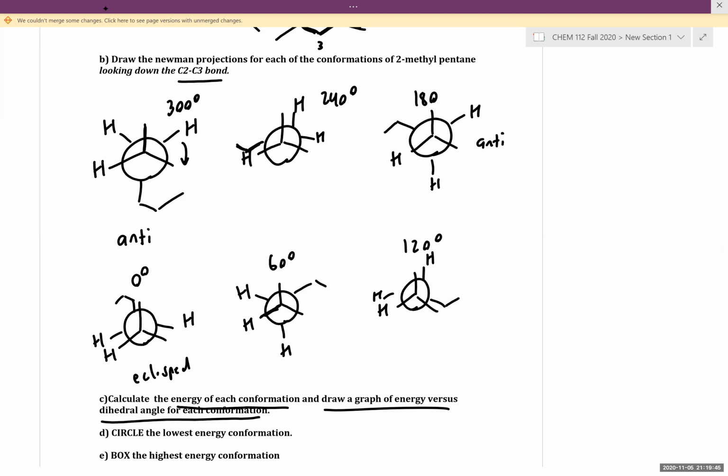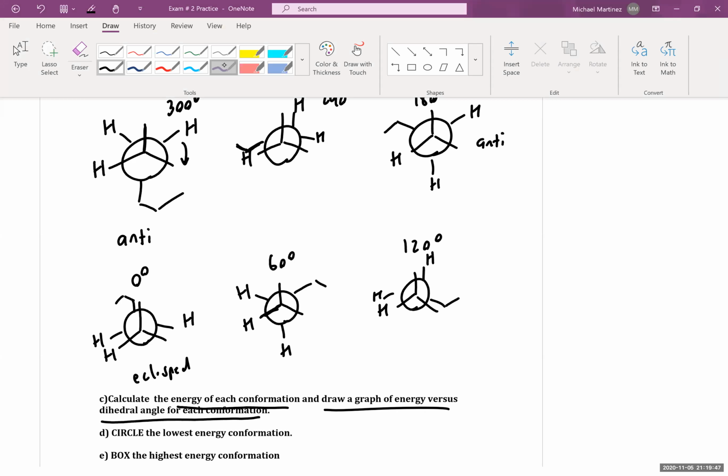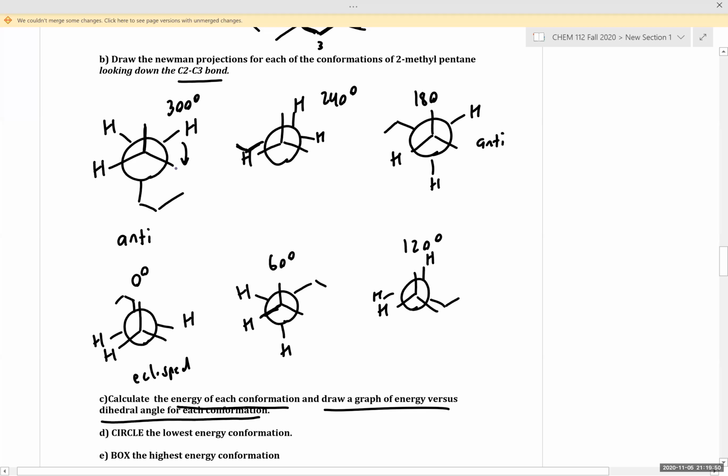Now let's calculate the energy of each of our conformations. Looking at our interactions, we have a methyl-propyl gauche interaction. And given that a methyl-methyl gauche interaction is about 3.8 kilojoules, and a propyl group is a little more bulky, what would we estimate? The reason why we relabeled the angles is because when we make our plot, we're looking at the dihedral angle between our bulkiest substituents.